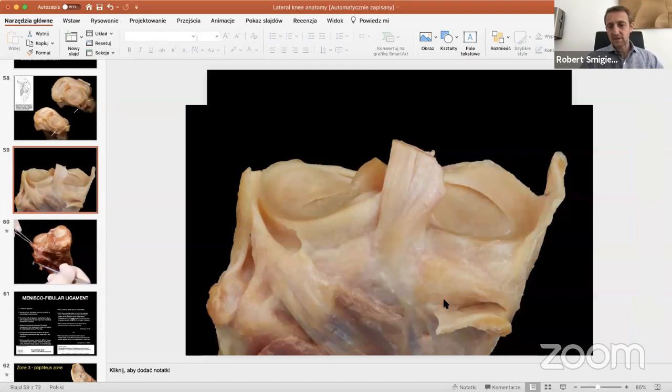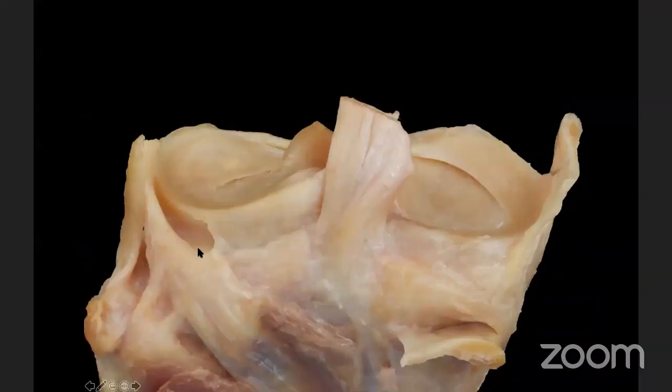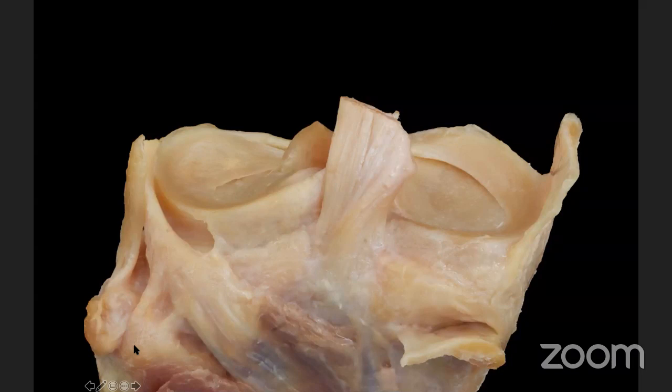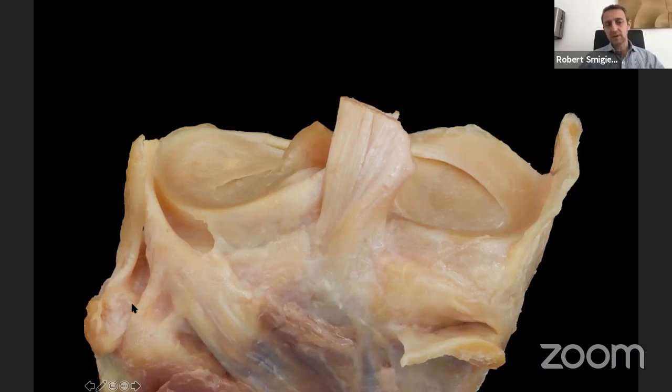This is the popliteal fibula ligament. The fibula, can you see that? Yes. One attachment is to the fibula, and the second is a part of the popliteal tendon.